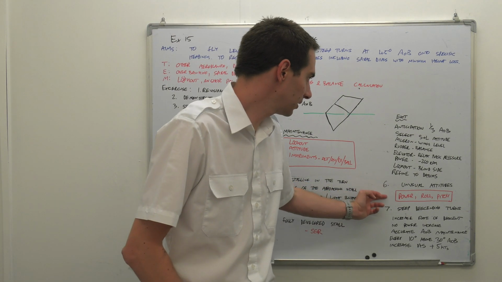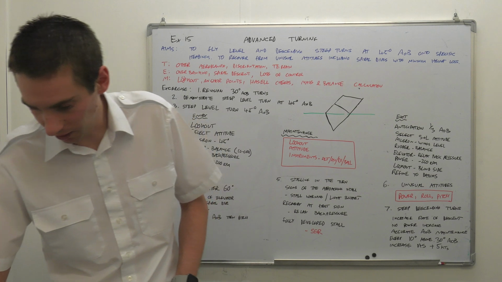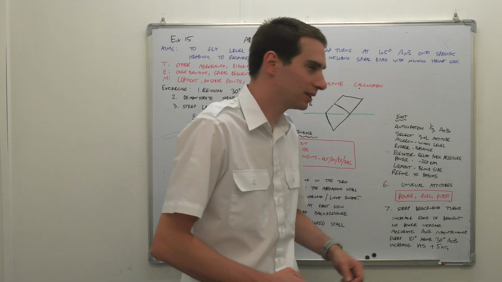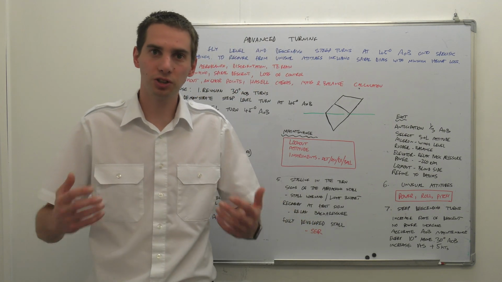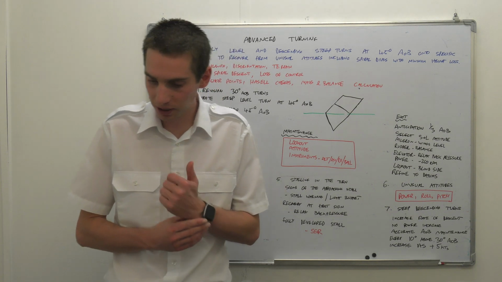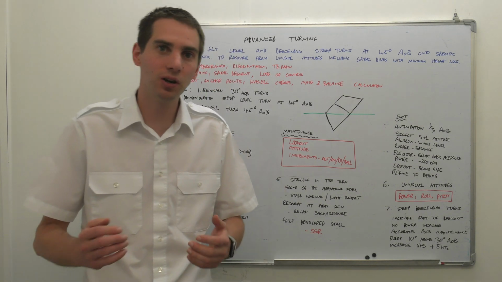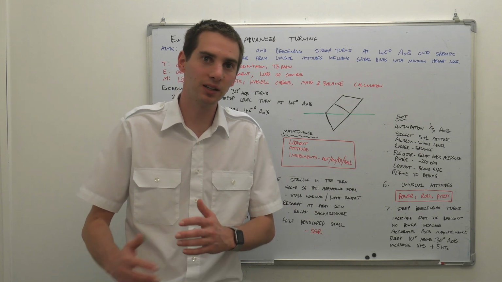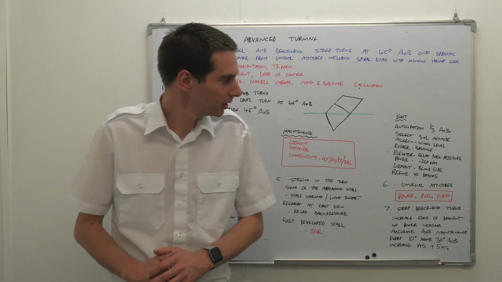Our next stage, we have a look at unusual attitudes potentially. For unusual attitudes, we may be in an attitude which is not where we wanted to put the aircraft. We also could be disorientated and we may not even know which way the aircraft is initially pointing.